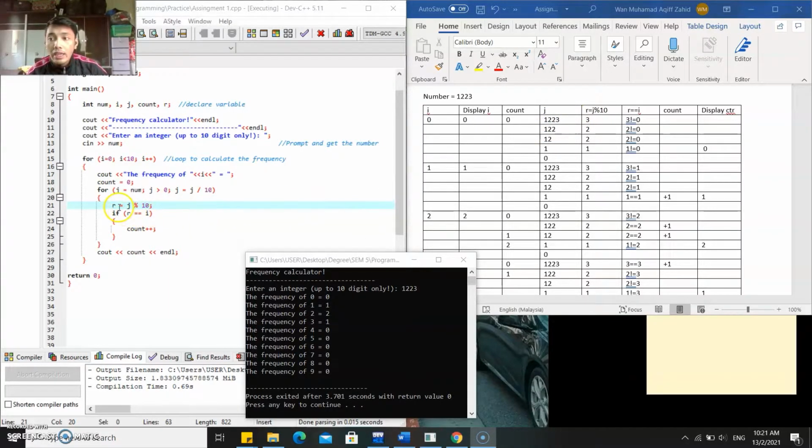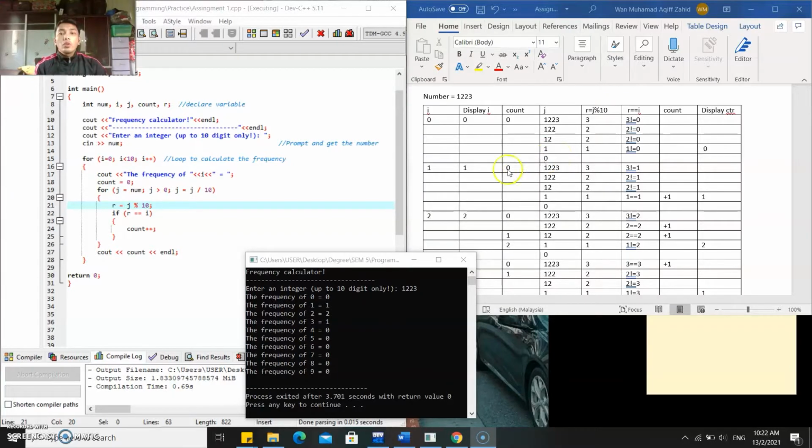Then we check r equal to j modulus by 10, which leaves 3. Then we check if r equal to 0, we add the count by 1, but 3 is not equal to 0, so count will not be added. And this loop will proceed until j is bigger than 0.